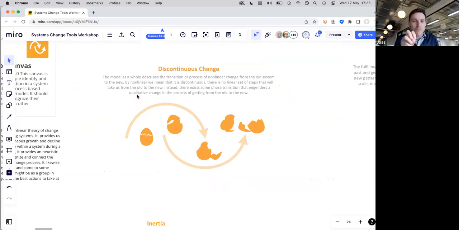There's this gap, this break in between that is non-linear, it's discontinuous, and that will be an aspect of all transition processes. There's no way of getting from the old to the new within the existing paradigm through a finite set of steps, which is very interesting because that's exactly what the incumbent system will be looking for. It will always be looking for that, right?